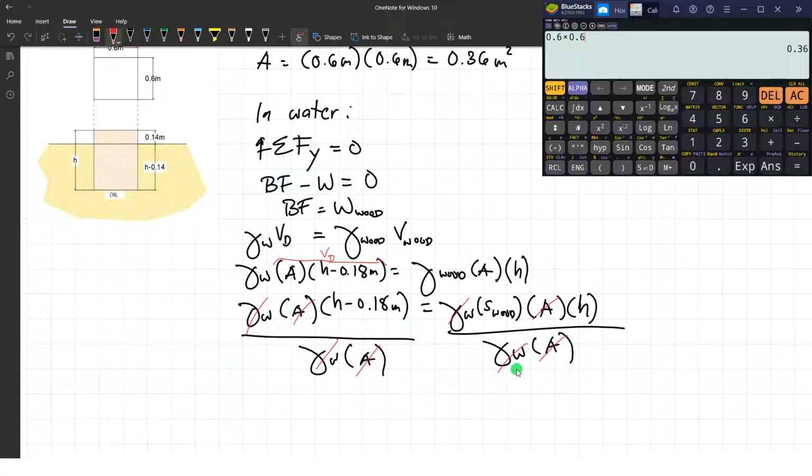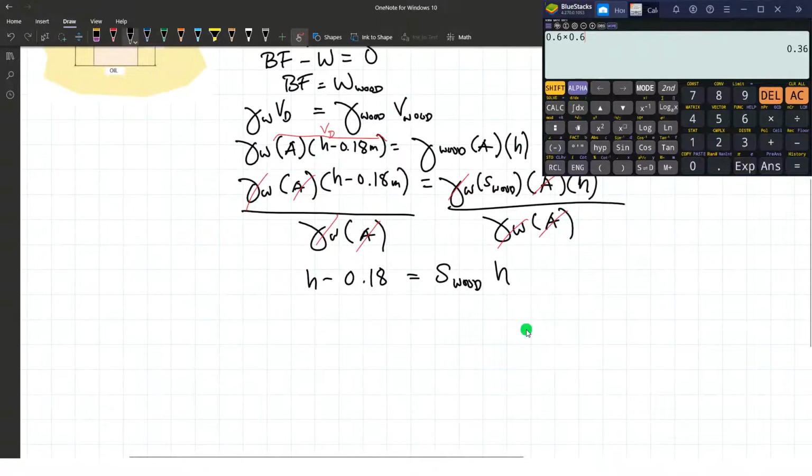So what remains is H minus 0.18 equals the specific gravity of the wood times H.